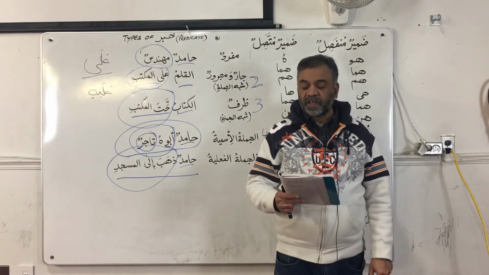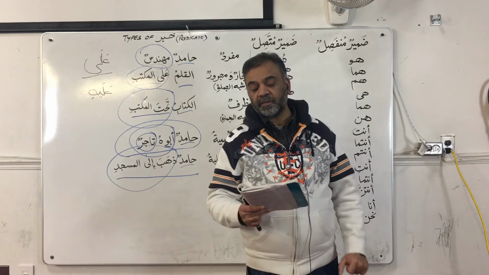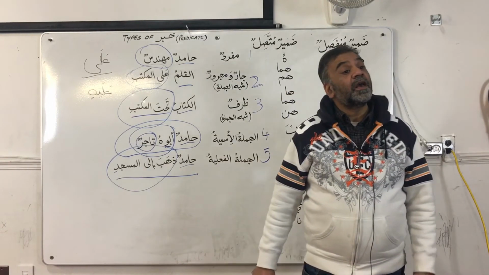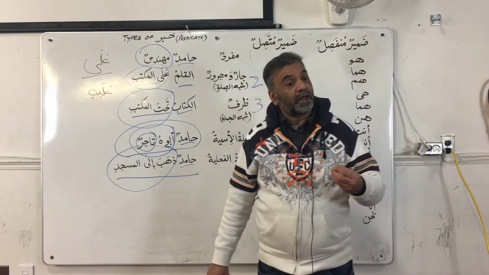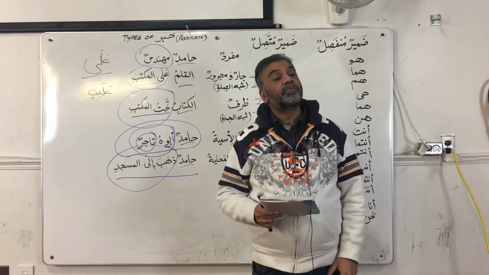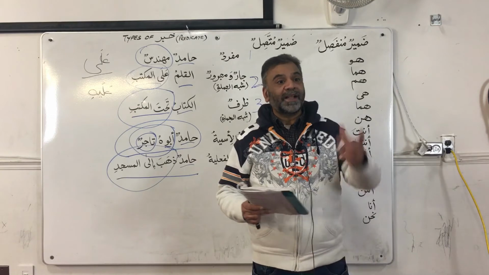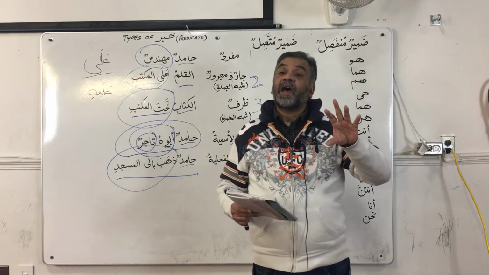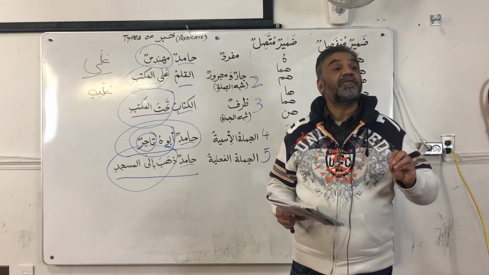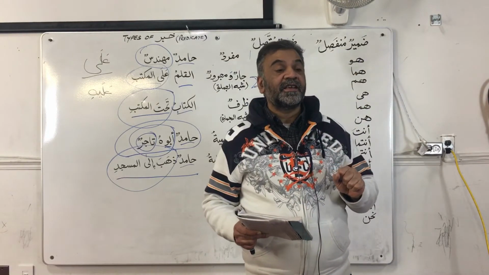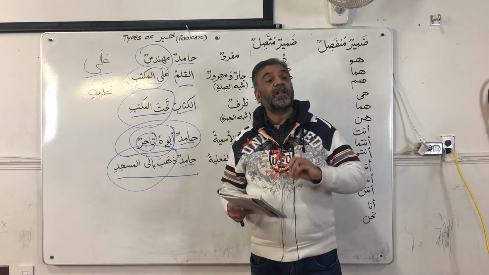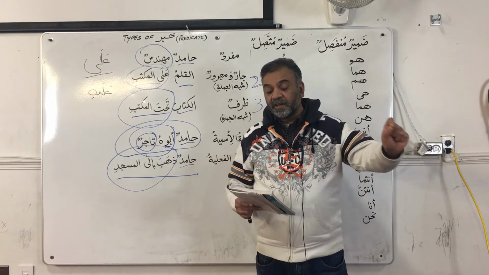What is that? Hazihil bintu talibatun. Right? What is hazihi? Mubtada. What is al bintu? Badal. Remember badal? Badal comes after ismu ishara and it will be definite. Now, hazihi is coming as a mubtada, al bintu is the badal, talibatun.